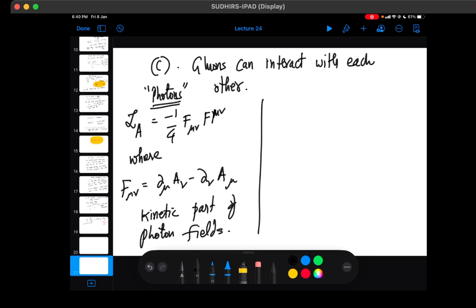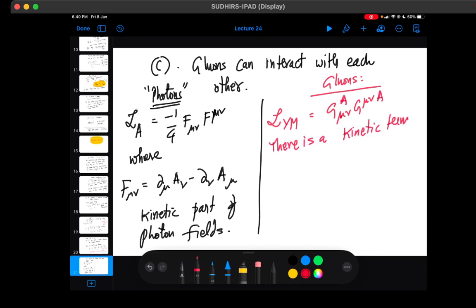For the gluon fields we write the same thing, called Yang-Mills, given by G_μν^A G^μν A, so there is a kinetic term for each gluon.